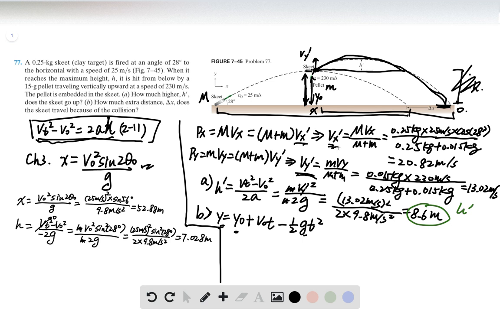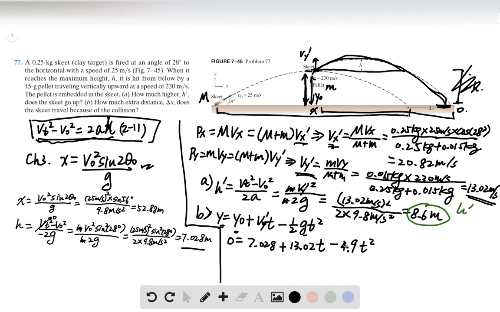So let's first do the quadratic equation. We can plug in the numbers. If we plug in all the numbers, y is 0, y naught equals h, which is 7.028 meters, plus 13.02 times t, because v naught is vy prime, and then minus 1/2 of 9.8, so that's 4.9 times t squared.